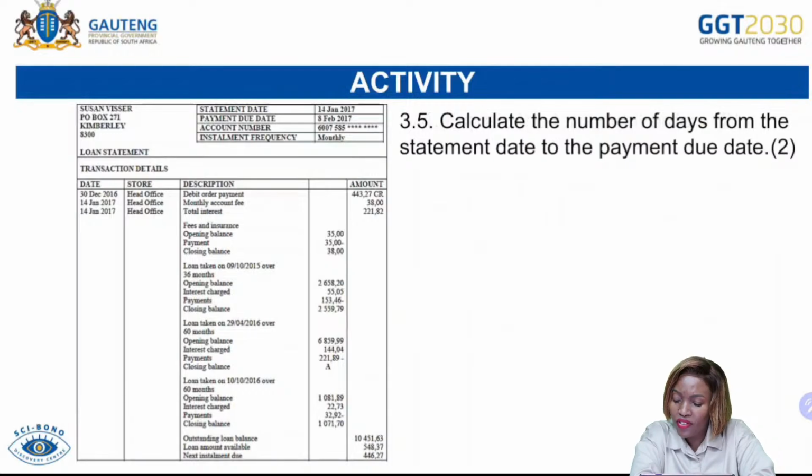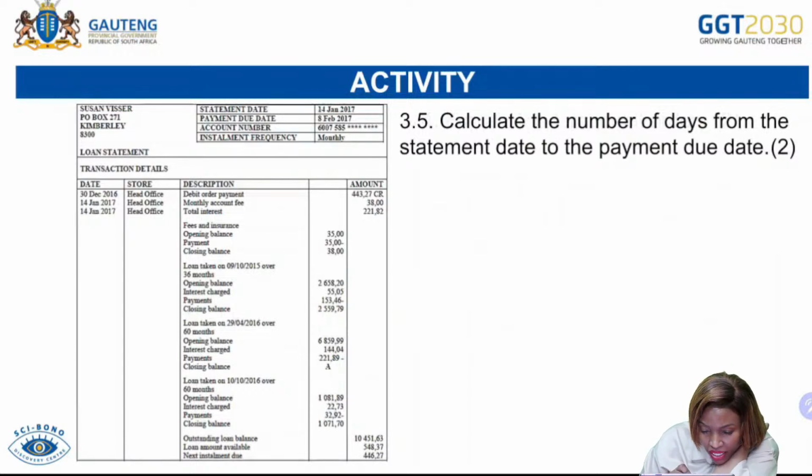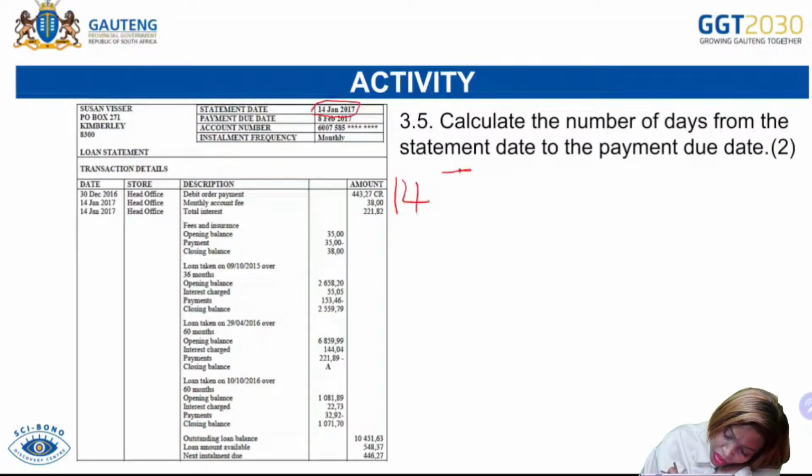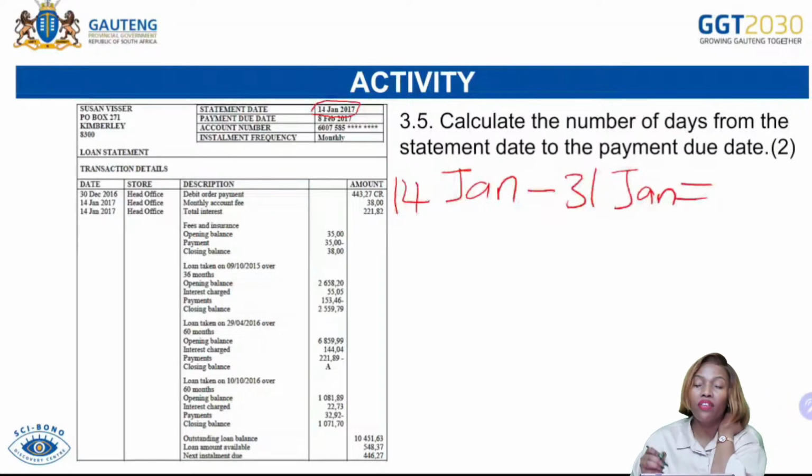Calculate the number of days from the statement date to the payment due date. So the statement date is the 14th of January. From the 14th of January to the 31st of January, how many days are there? Remember, the 14th is also a date.